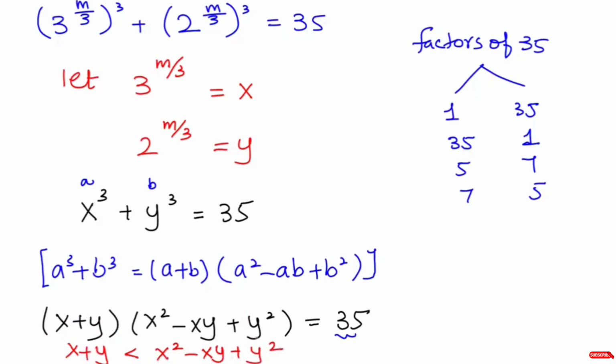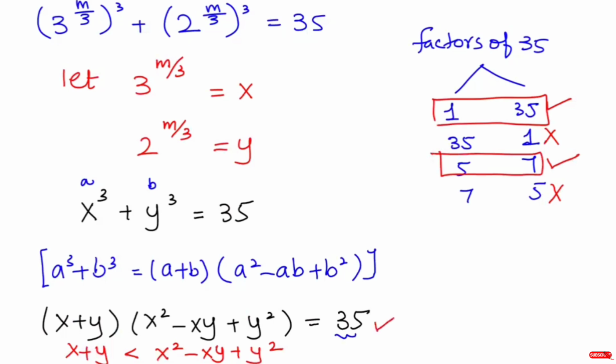So according to this, I'm going to select the factors. The x plus y value should be smaller and the x squared minus xy plus y squared value should be bigger. So I'm going to take this factor and this one is not applicable, and I'm going to take this one and this is also not applicable. So I'm going to take only these two factors in replacement of this 35.